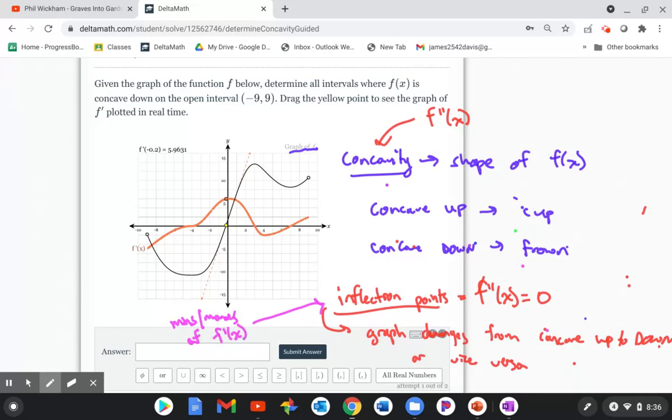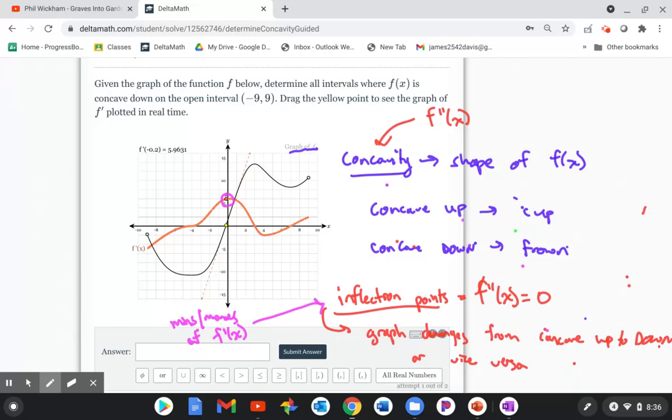If we're given the first derivative, which we have here, this orange one, f prime of x, and we find the mins and maxes of that, that tells us the inflection points, the places where it changes concavity. Just like the mins and maxes of the first derivative tell us the critical points, for inflection points we're looking for the mins and maxes of the first derivative.